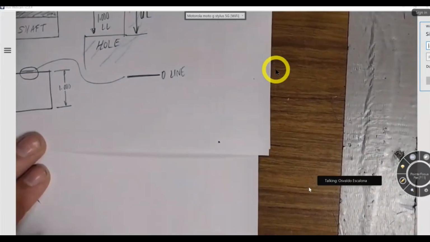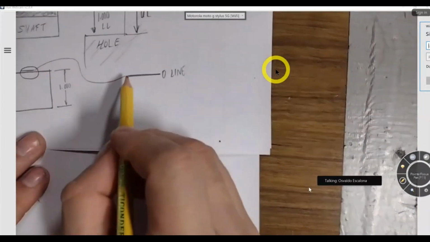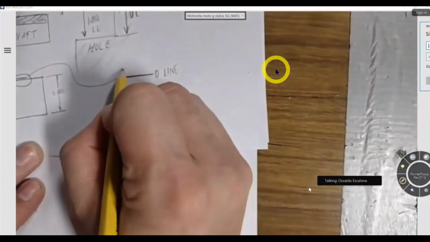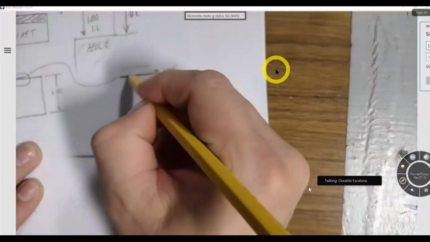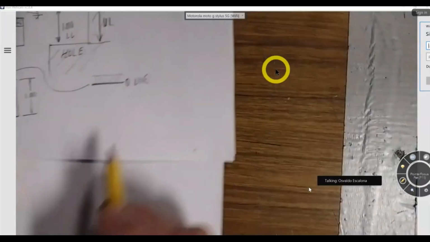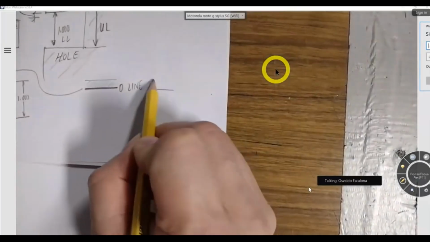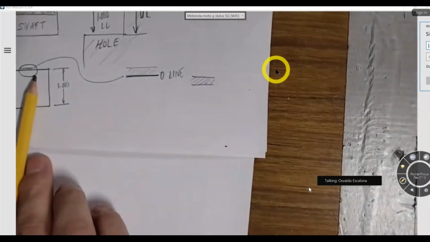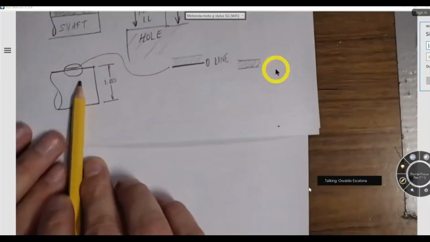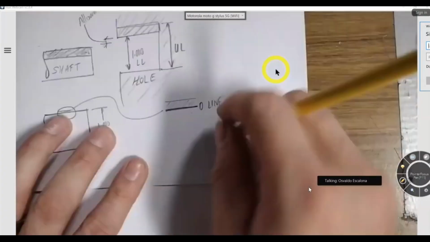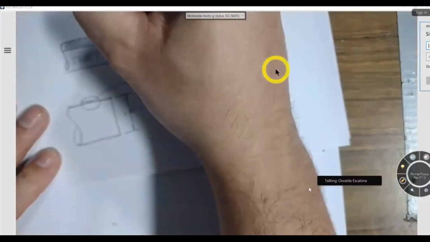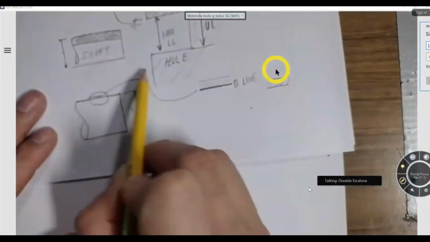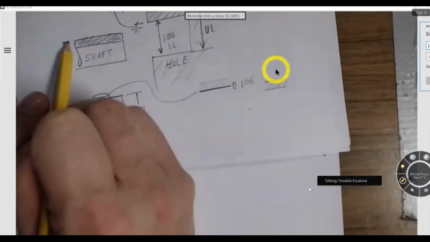Now, sometimes as I'm defining my tolerance zone, I can define it in one direction, or I can define it in another direction. In other words, I can look at my shaft and say, you know what? Let's make this 0.01. I'm going to make this 1, which is the lower limit, minus 0.01, that will give me somewhere here.